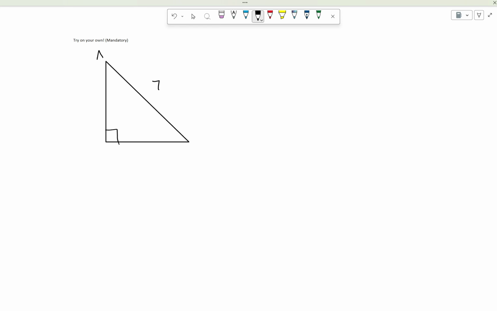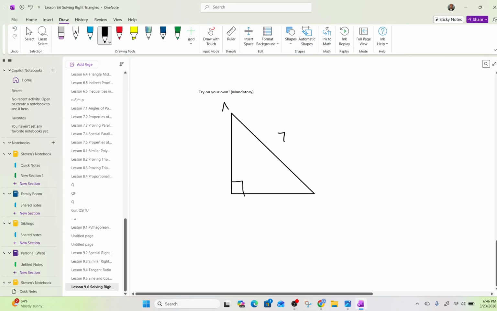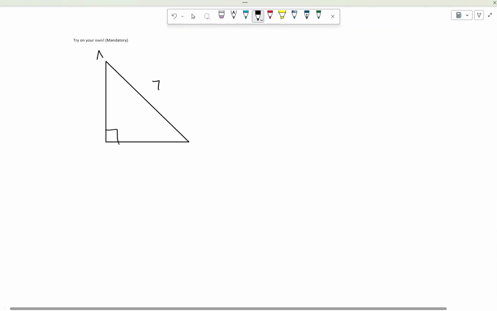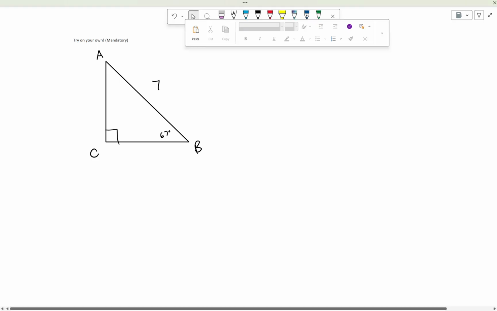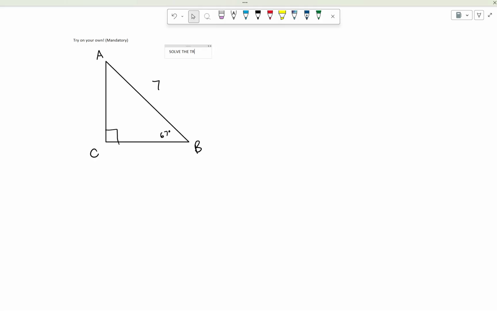This is A. Let me get rid of my little auto shape real quick. This is going to be 67 degrees. This is A, B, and C. And you need to solve the triangle. And then see what you guys do when we get to class. Eager to see. Good luck.